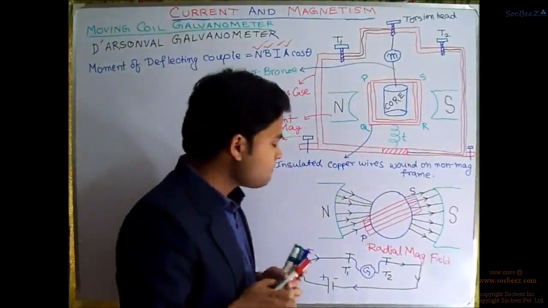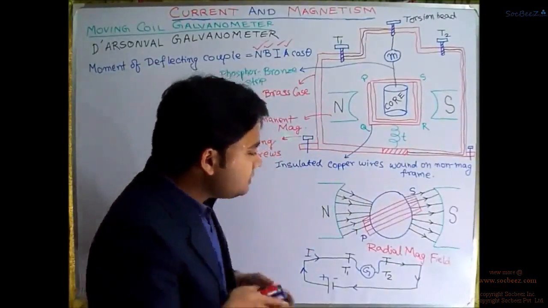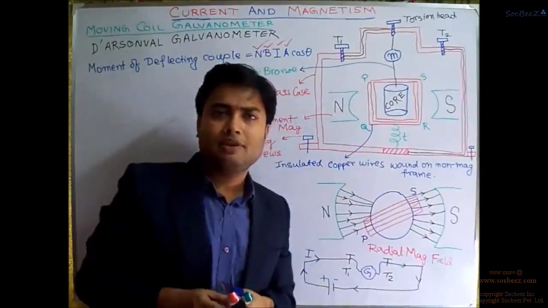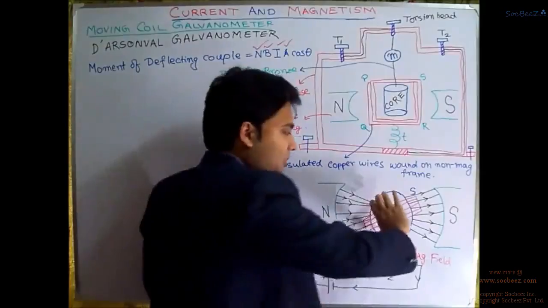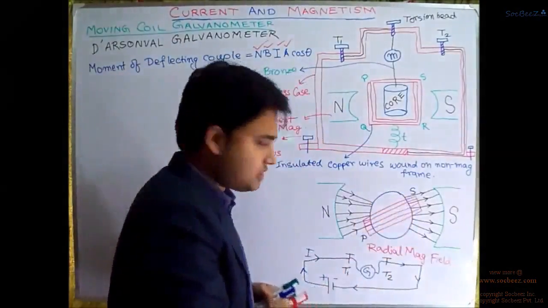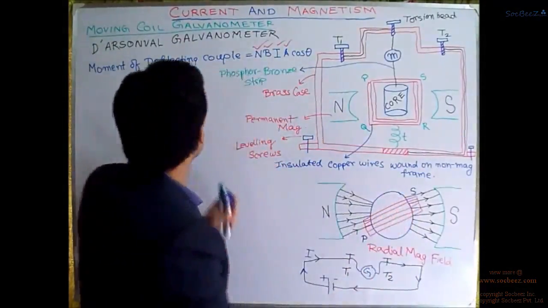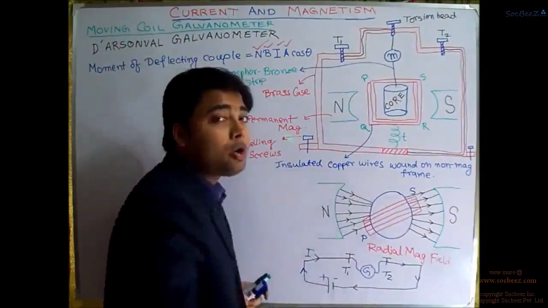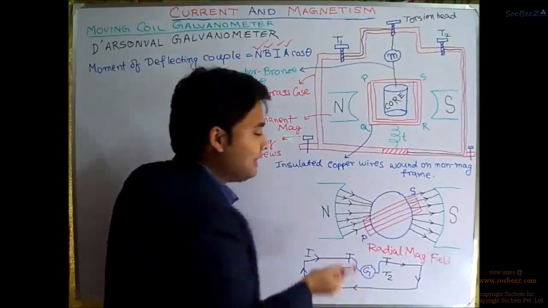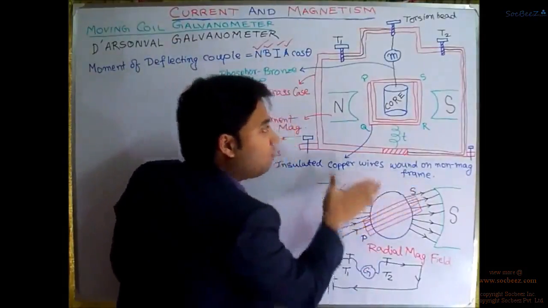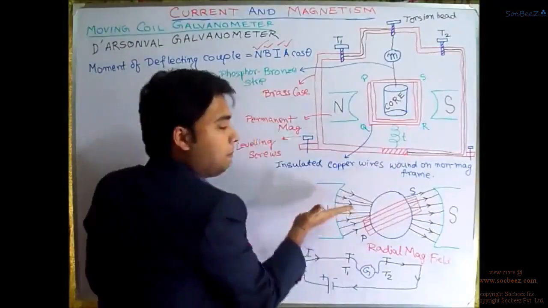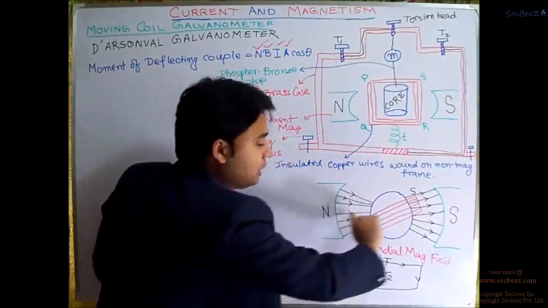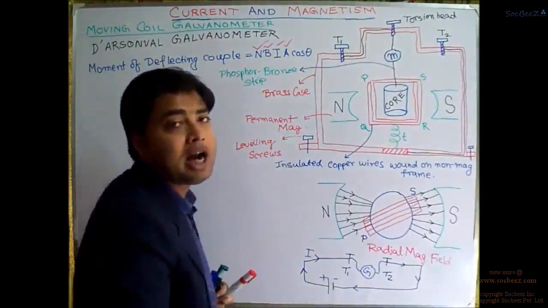right? And over there is the PQRS loop like this. Now, if ever this has some twist, say, for example, due to the moment of the deflecting couple, if it twists, you will always find that the plane of this is parallel to the B at any point of time.